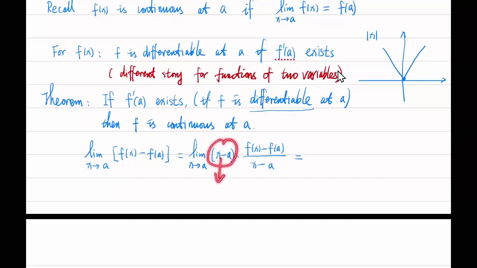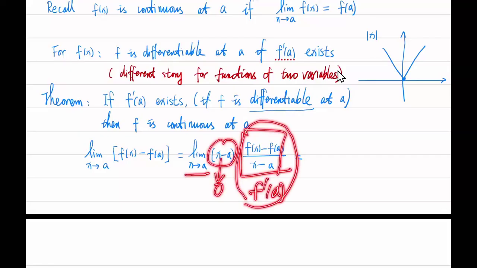This one we know is equal to 0 when x goes to a. This one goes to the derivative.